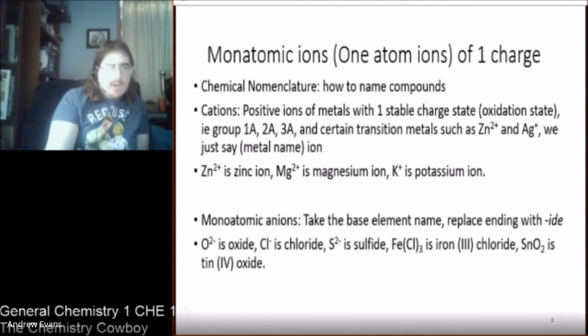If they're an ion by itself, we'll just say zinc ion, magnesium ion, potassium ion. In a compound, we're just going to say it's potassium or magnesium or zinc. So that's how we're going to deal with these normal cations.